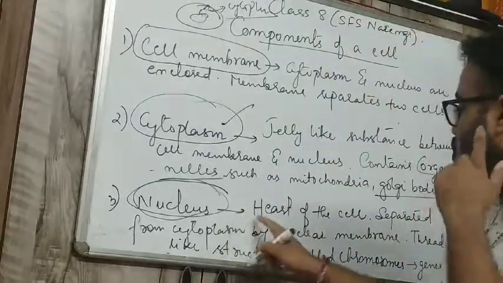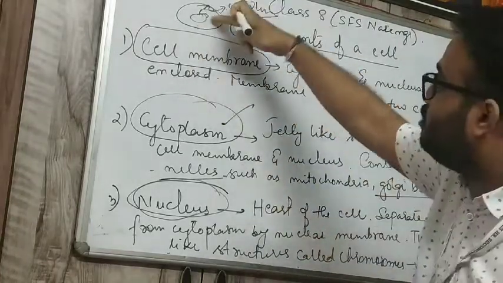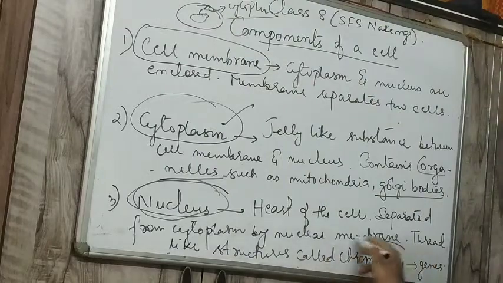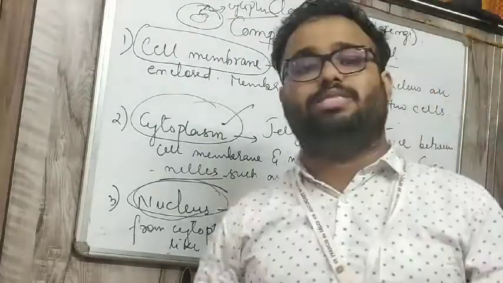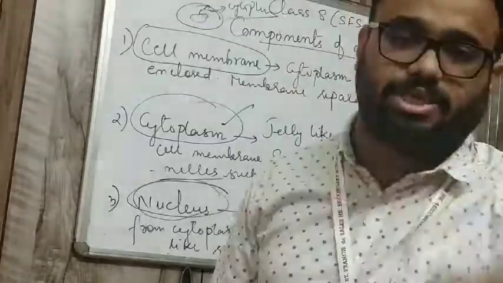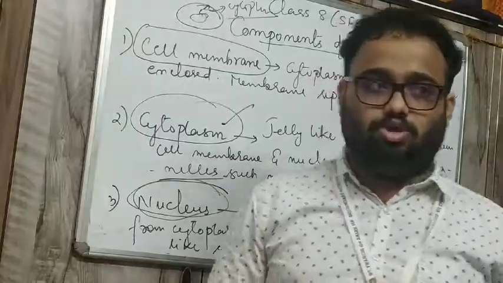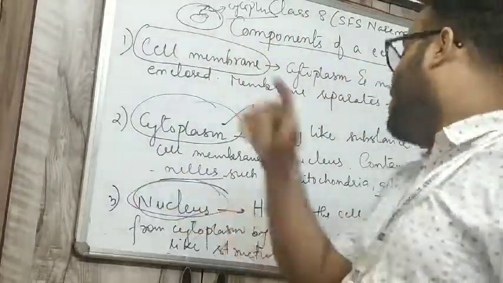The nucleus separates the cytoplasm from the cell membrane, or in some parts we call it the nuclear membrane. The membrane surrounding the nucleus is called the nuclear membrane.